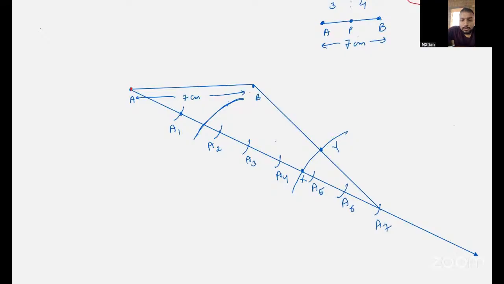Can you show it to me on the camera? I want to see your diagram, Ibrahim. Oh, you took that big arc, beta. I told you not to take too big an arc. Yeah, but you put it between A4 and A5, so I put it between A4 and A5. Okay, do one thing.